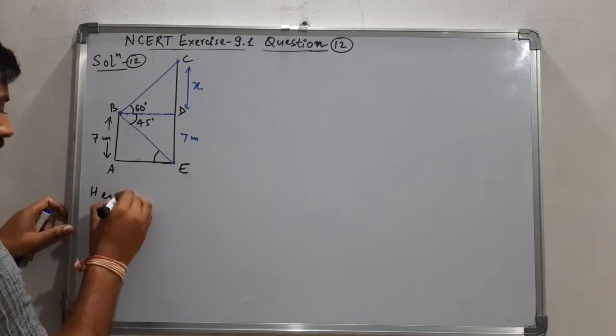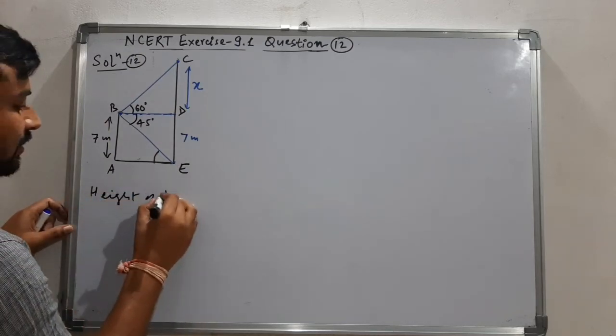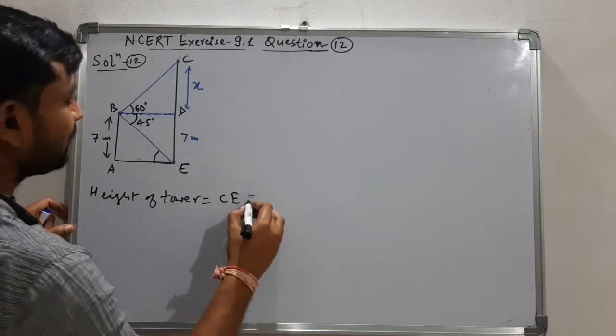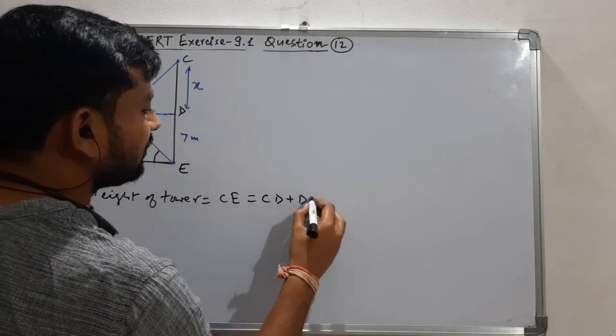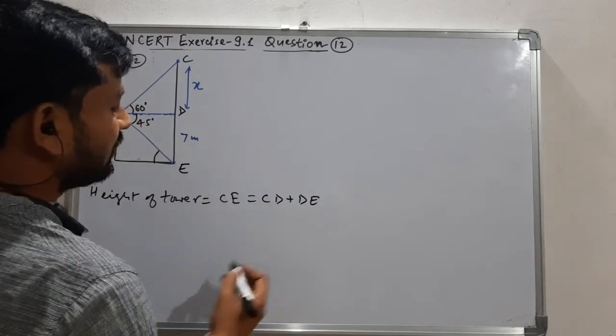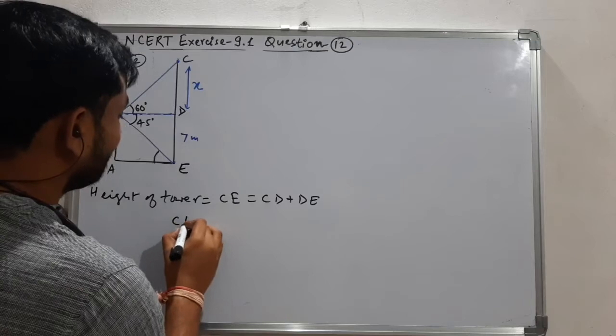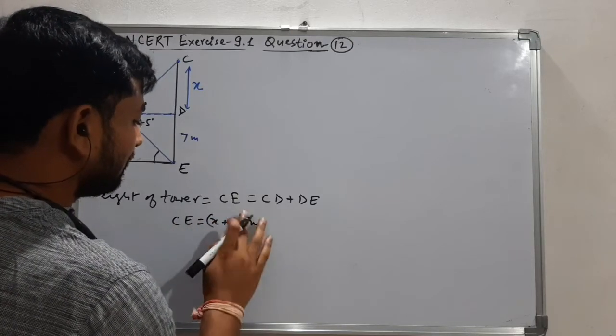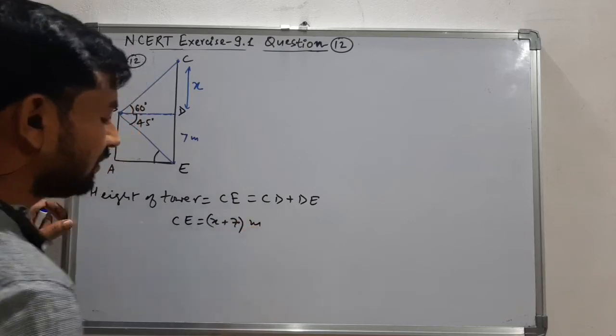So here I am writing the height of tower, this will be CE, which is nothing but CD plus DE. CD और DE को हम ऐड करके ये निकाल रहे हैं, तो CE is equals to X plus 7 meter. So this is what we are getting here.